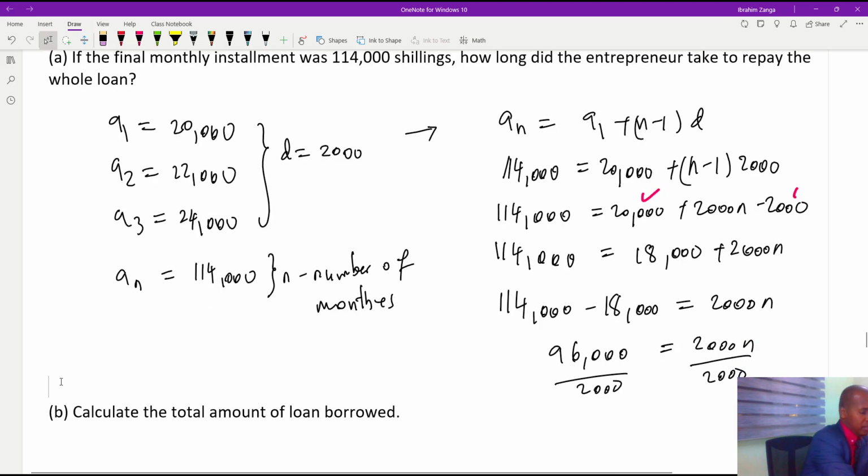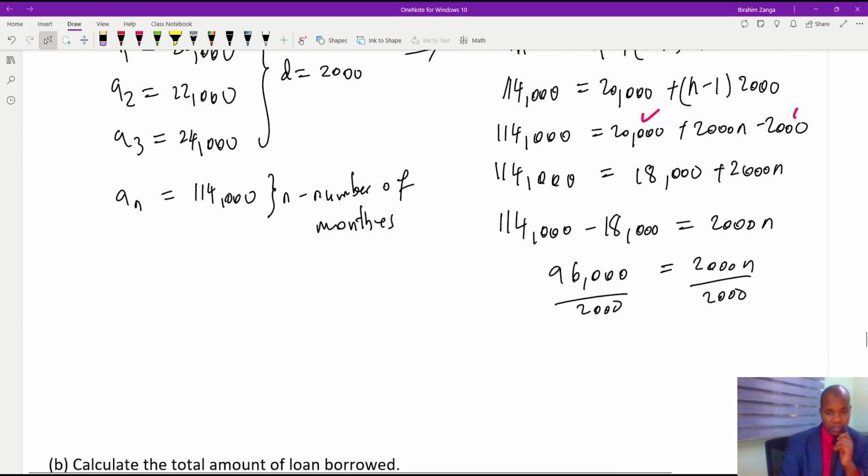What we get here is n equals, when you simplify, 3 zeros go, 96 divided by 2, you have 48 months. Okay, so the number of months is 48.